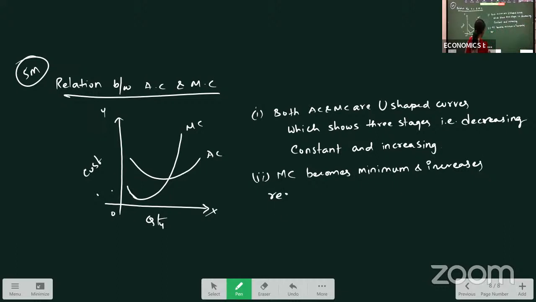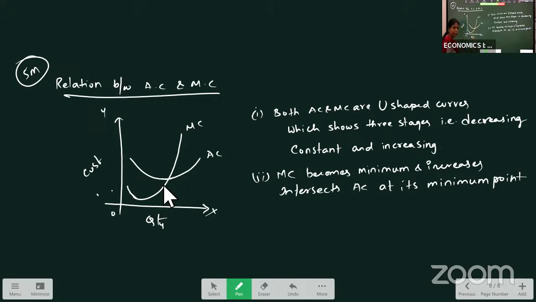and it intersects AC at its minimum point. So it is intersecting our AC at its minimum point here. When AC is minimum, MC is intersecting AC.